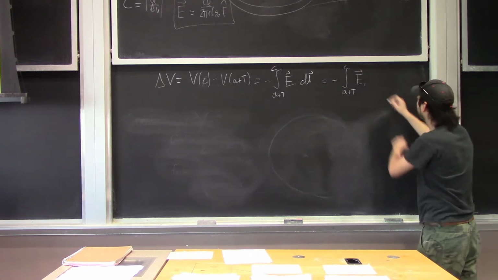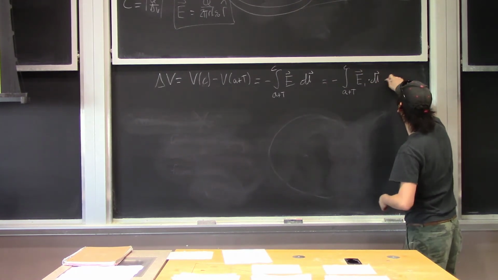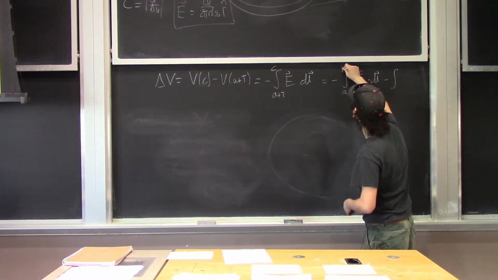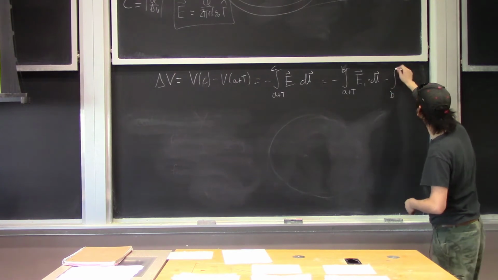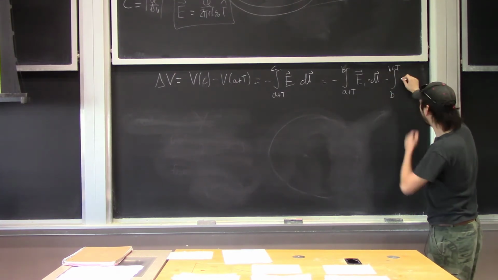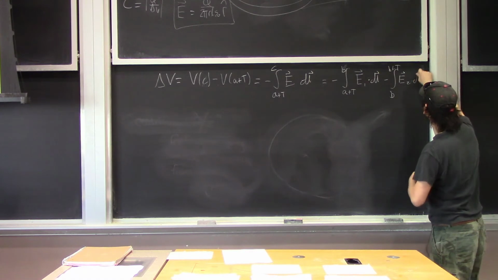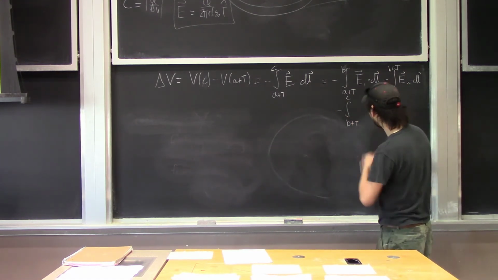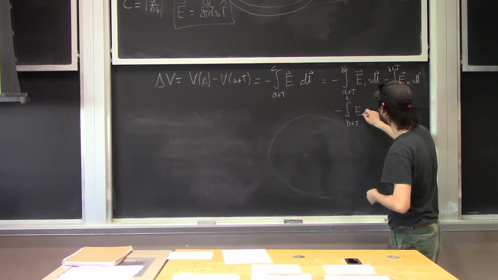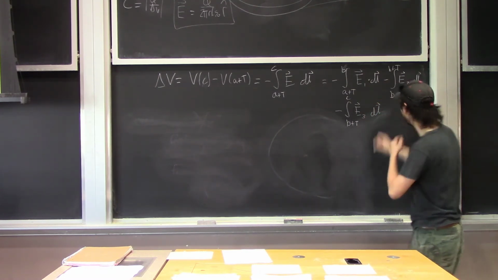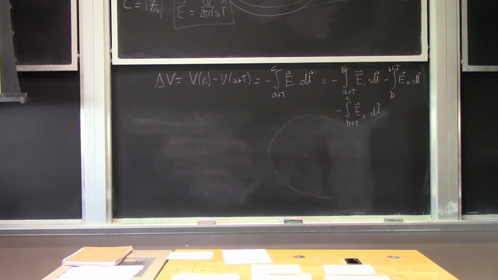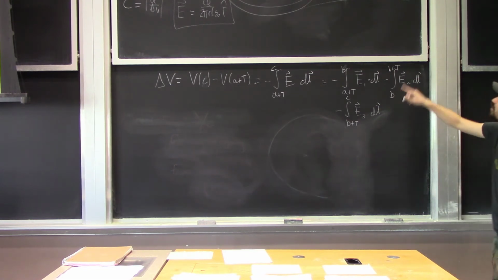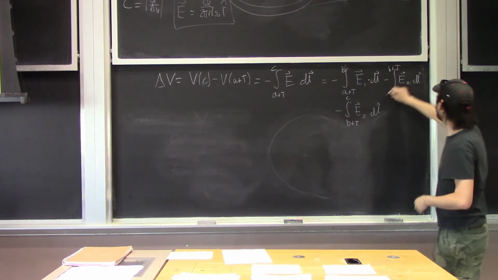So this is E1 dot dl, minus the integral from b to b plus t of E2 dot dl, minus the integral from b plus t to c of E3 dot dl. Okay, looking at these three integrals, one of them is going to be 0, which is this one, because the electric field in that second region is 0. So this is 0.